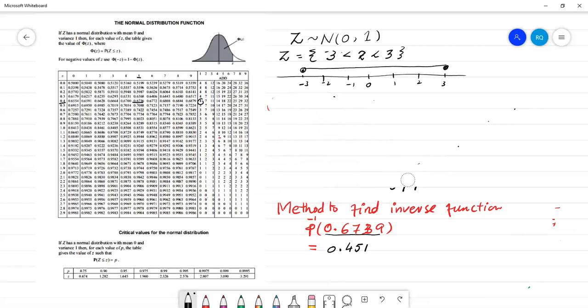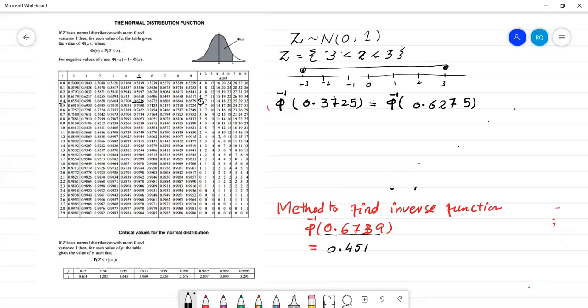If you want to find phi inverse of 0.3725, that number does not lie in this table, because the table starts with 0.5, so you have to subtract the number from 1. 10 minus 5 gives 5, 9 minus 2 becomes 7, 9 minus 7 becomes 2, and 9 minus 3 becomes 6. So you will get this number.